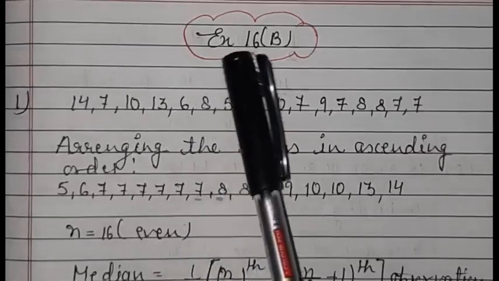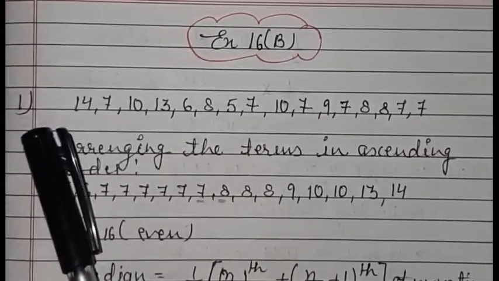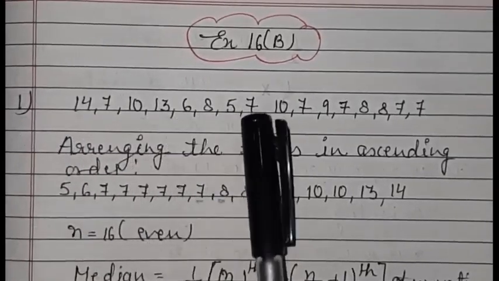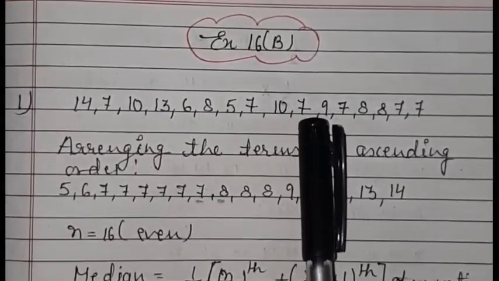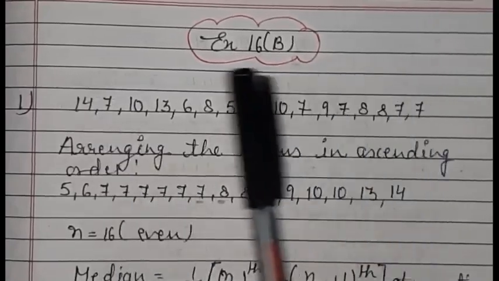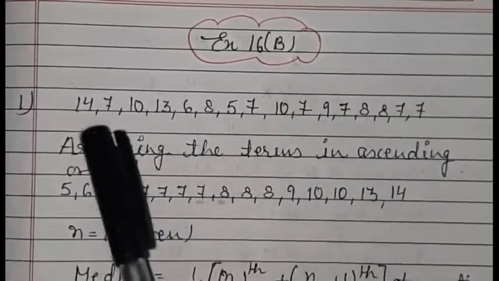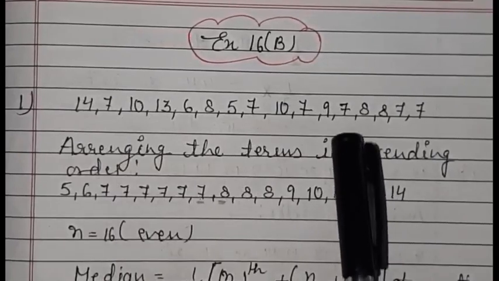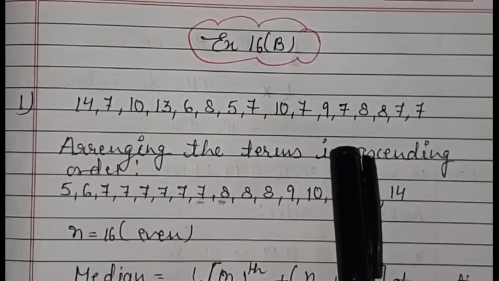Come to exercise 16b, first numerical. The number of bananas consumed by the children in a class in a week is as follows. Find the mode and median of the data. Are they the same?